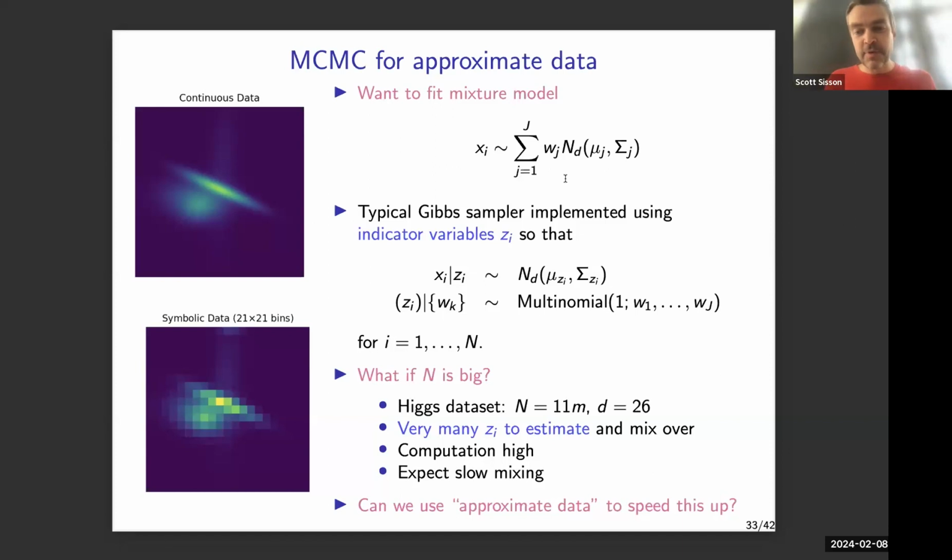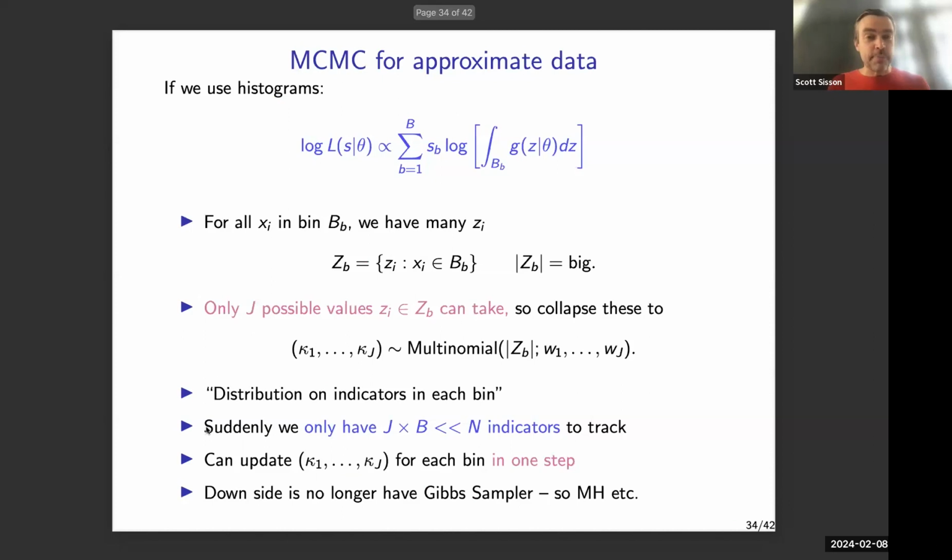So, do we get any benefits from summarizing our continuous data down to something like this approximate? And the answer is yes, or I wouldn't be telling you about this. But let me just show you the cute bit. If we think about what we're doing with the histogram, we're basically saying our xi's fall in bins.